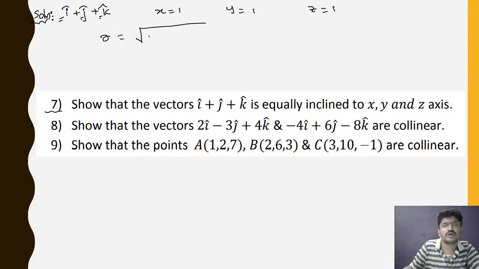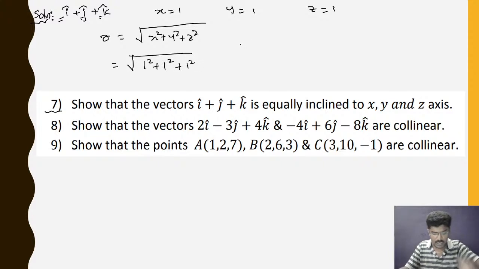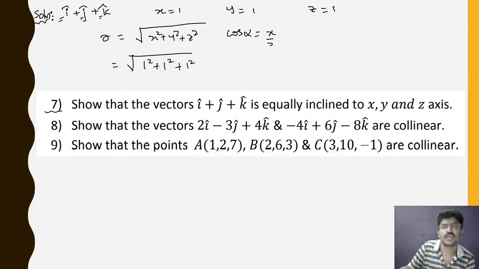Square root of x square plus y square plus z square. That is equal to square root of 1 square plus 1 square plus 1 square. Clear? So from this cos alpha equal to x by r, that is 1 by root 3.